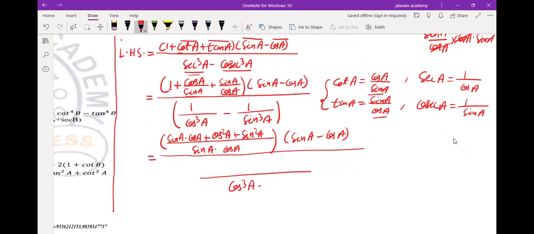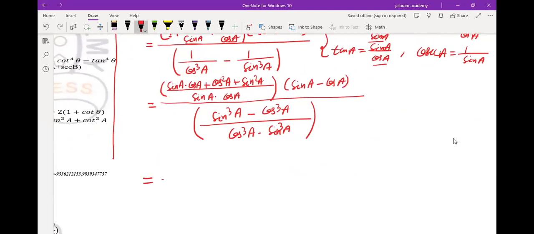So the LCM of denominators this time is cos³A into sin³A. And the numerator is 1 by cos³A into the LCM cos³A sin³A; cos³A will be cancelled out. So there will be only sin³A minus cos³A.